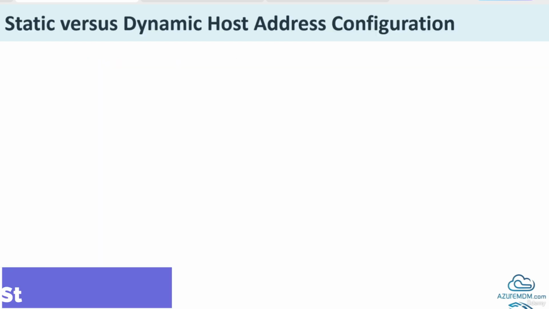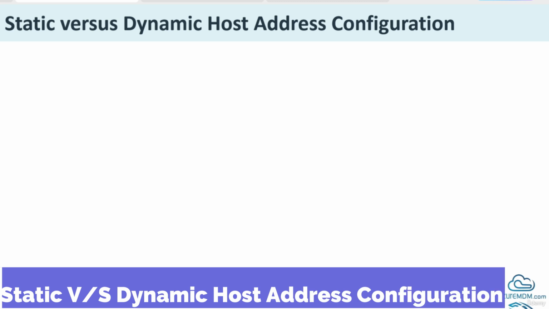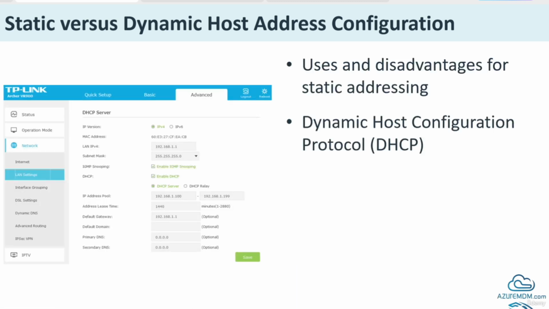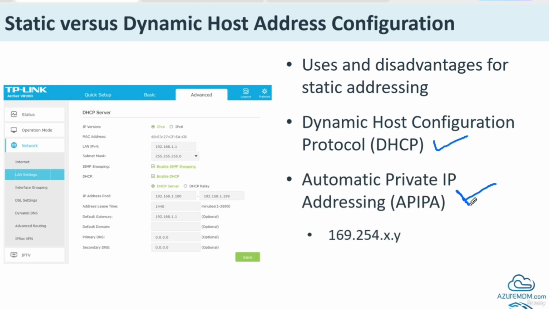Static versus dynamic host address configuration. Static addressing is manually assigned fixed IP addresses, good for servers but too hard to manage in a large network. DHCP, the Dynamic Host Configuration Protocol, automatically assigns IP addresses to devices, making network setup easy and scalable. Automatic Private IP Addressing, APIPA.